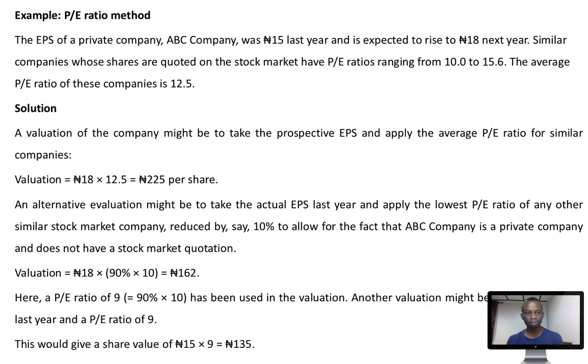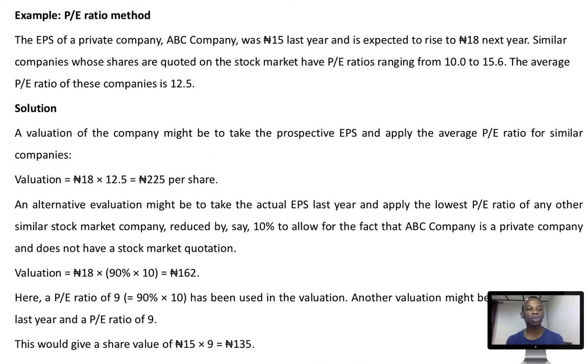Okay, let's look at an example for PE ratio. The EPS of a private company, ABC company, was 15 naira last year and is expected to rise to 18 naira next year. Similar companies whose shares are quoted on the stock market have PE ratios ranging from 10 to 15.